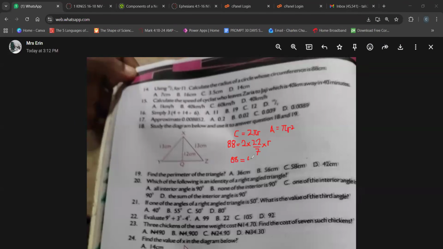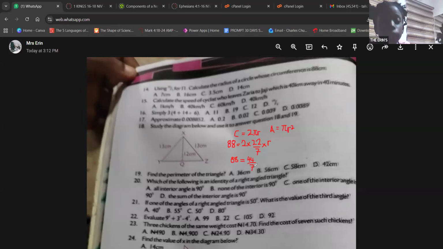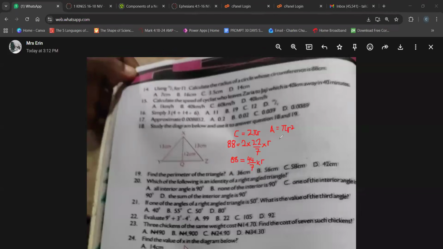So who can tell me what I'm going to do next? We have 88 equals 44/7 times r. What are we going to do to both sides to find r?